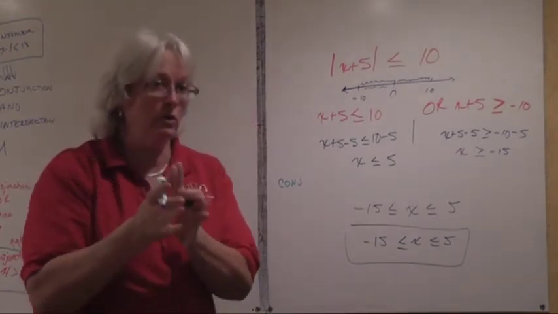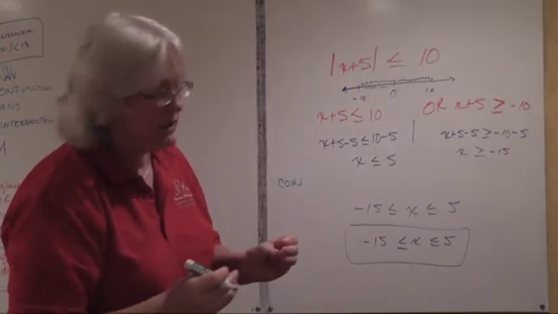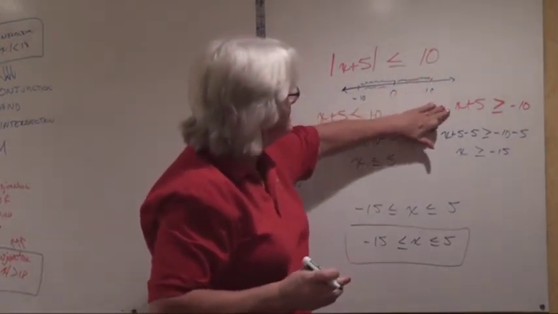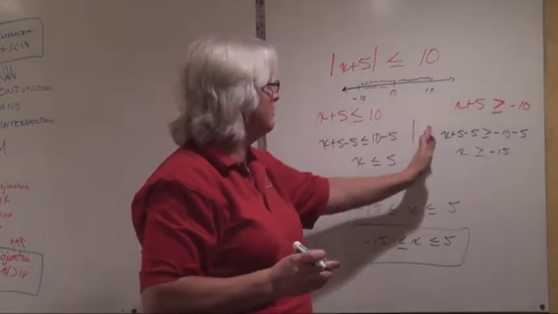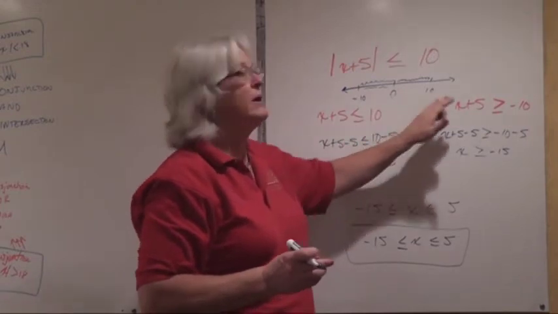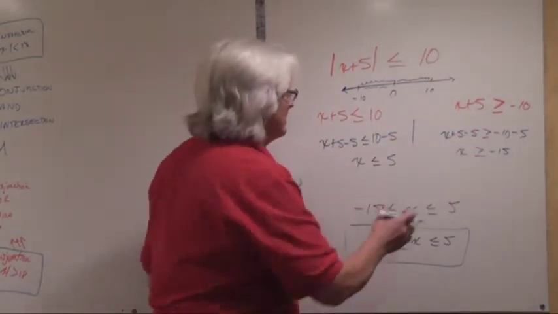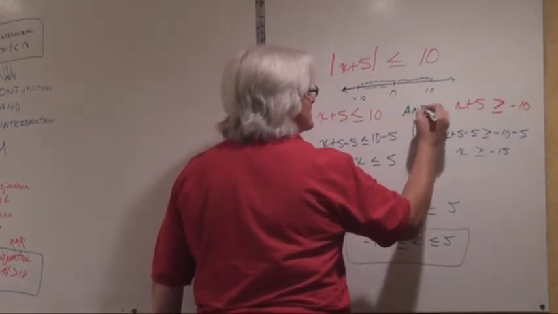Now, I'm not going to redo this video. Hear me carefully. We had to solve these two inequalities, x plus 5 less than or equal to 10, x plus 5 greater than or equal to negative 10. We solved them both, and both of those conditions have to be met.